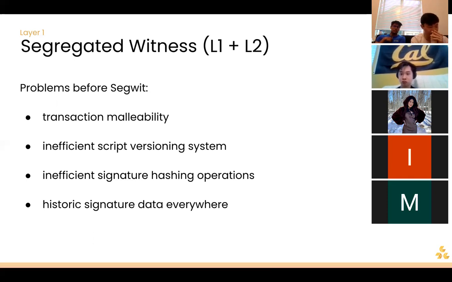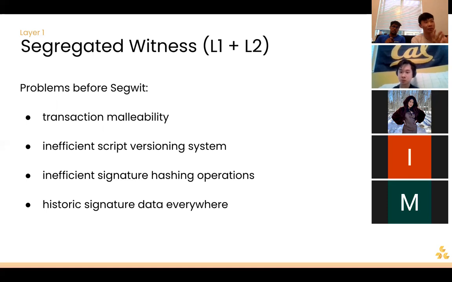What we want on the network is for two transactions that do the same thing, sending the same amount of money from Alice to Bob, to have the same ID. But transaction malleability shows that when people modify this one bit that wasn't essential to the transaction, the transaction ID, or the hash, would be completely different.